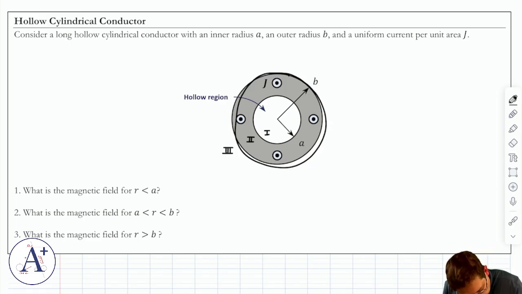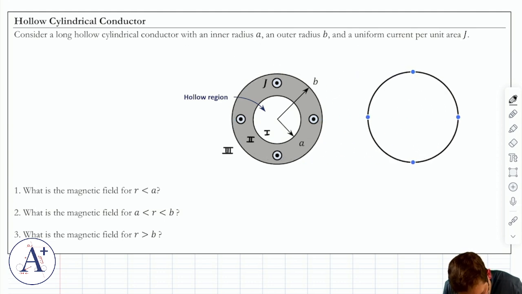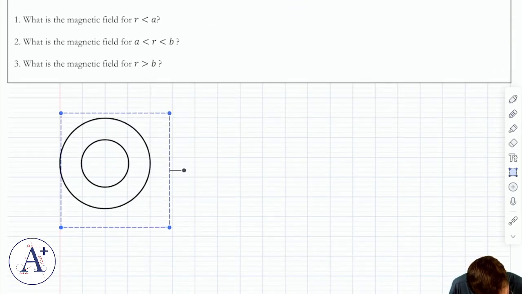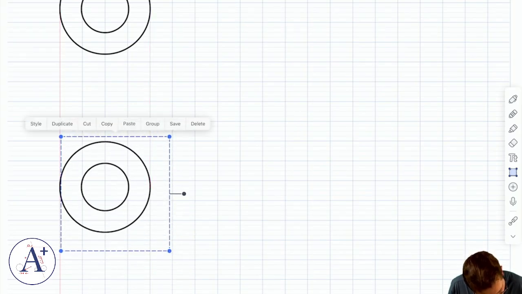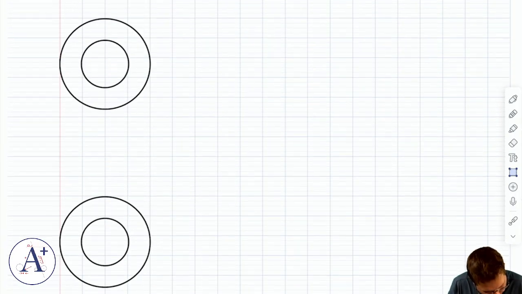So then we can redraw this real quick just to have it. I'll make a copy of this here, and then we'll bring that down here. And we'll apply Ampere's law 3 times because we have 3 regions.